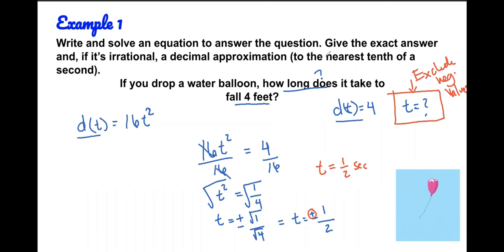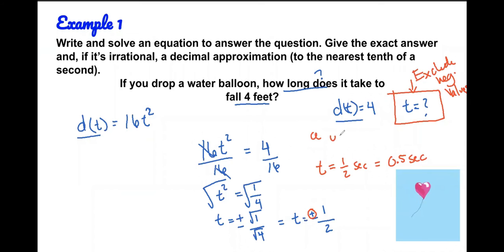1/2 seconds. Now I need to do nearest tenth. It can also approximate or equal 0.5 seconds. See, there you go. So we can go ahead and write our statement.